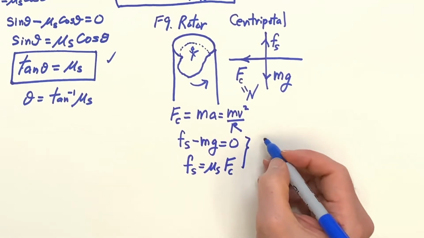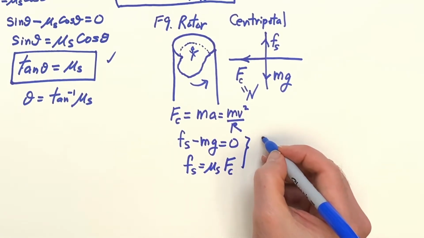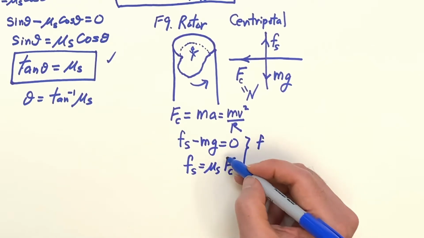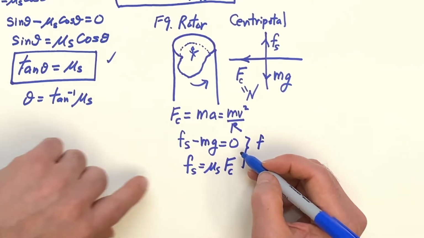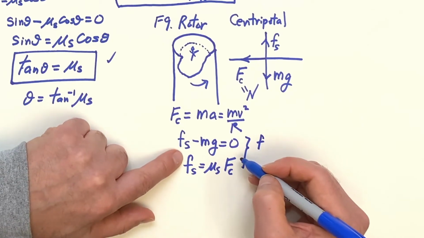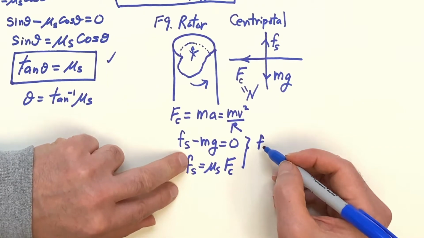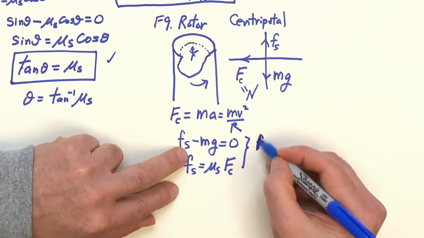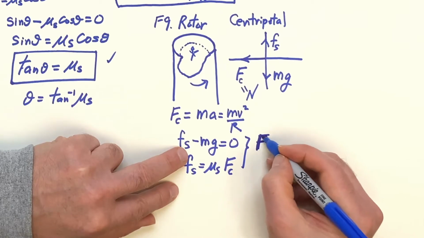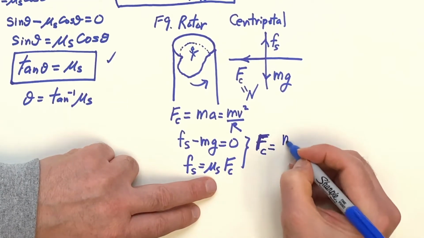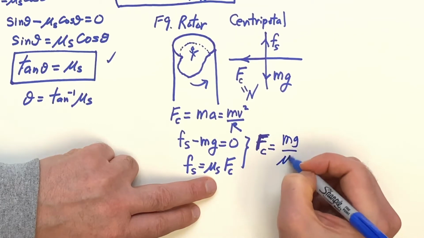Looking at these two, you can see that the frictional force, actually here, what's this suggesting? This is suggesting here, if we look at this, that we immediately get an interesting equation for Fc. So let me do that. In other words, Fc is going to be mg over mu s.